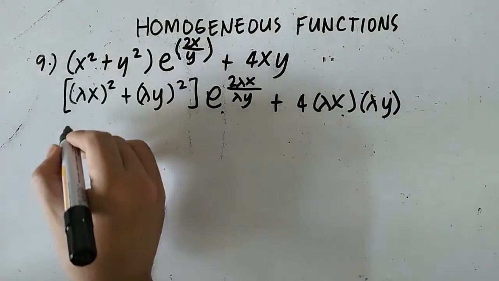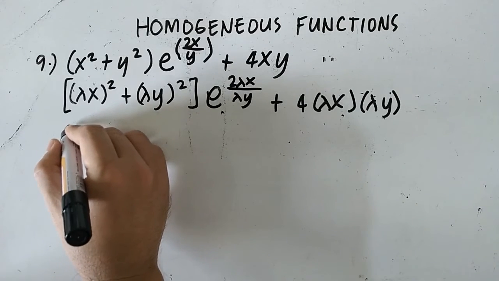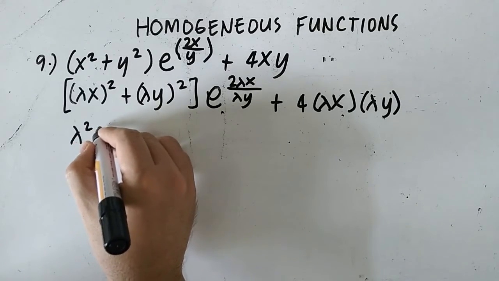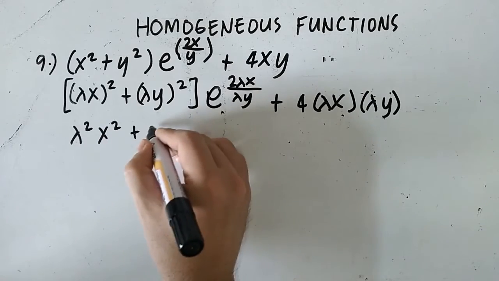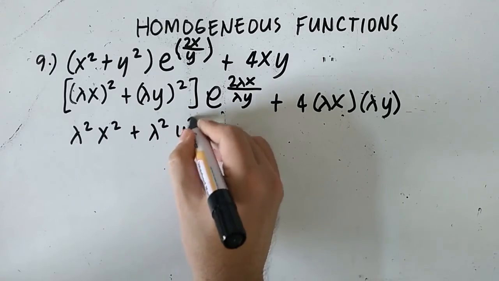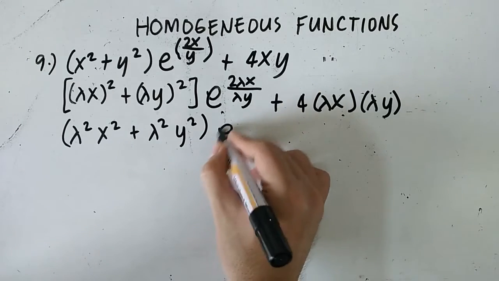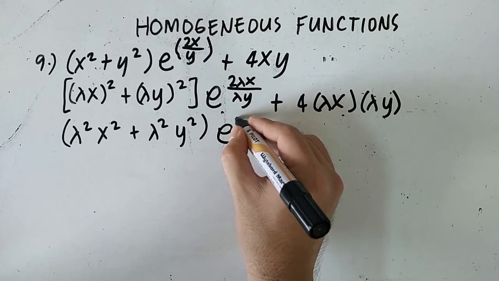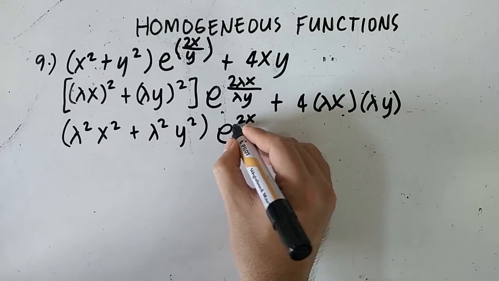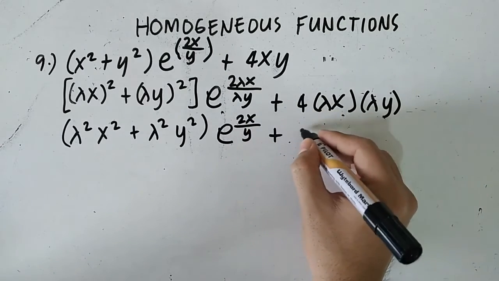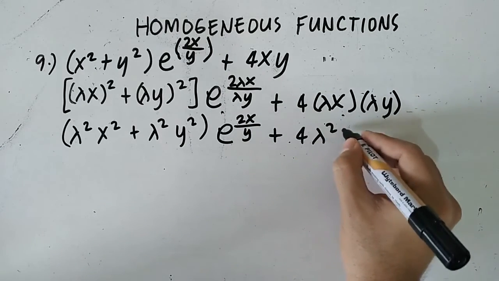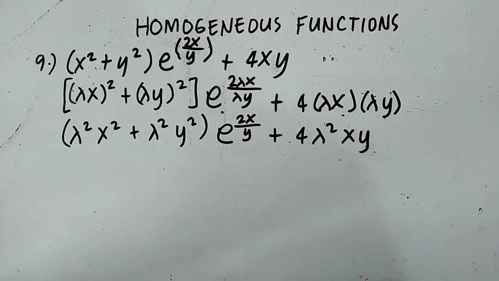So we now have lambda squared x squared plus lambda squared y squared, and here we can cancel out lambda, retaining e to the power of 2x over y, plus 4 lambda squared xy.